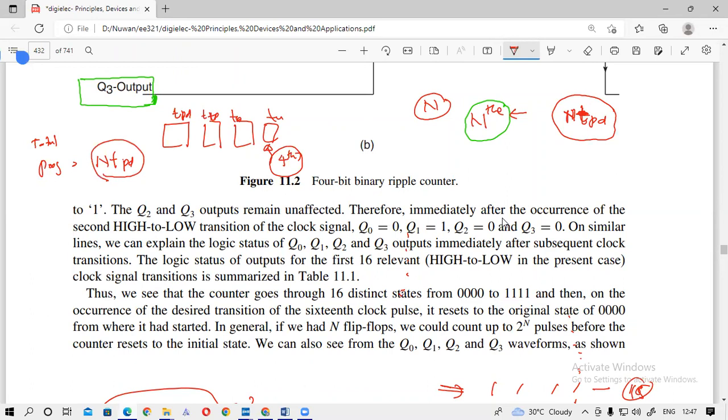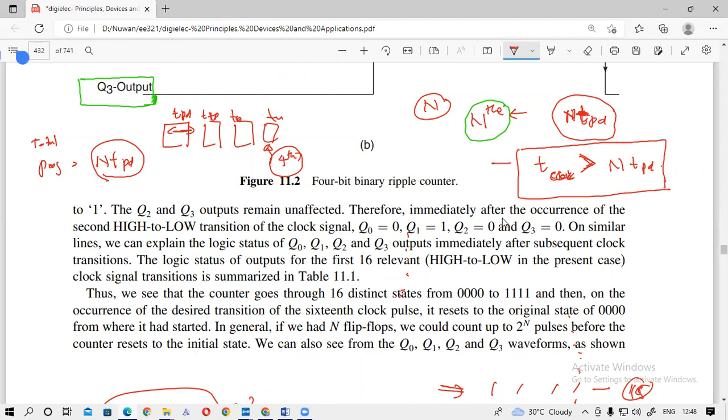This total propagation delay should be less than the clock period, not just one flip-flop's propagation delay. One propagation delay being less than the clock signal is not sufficient.